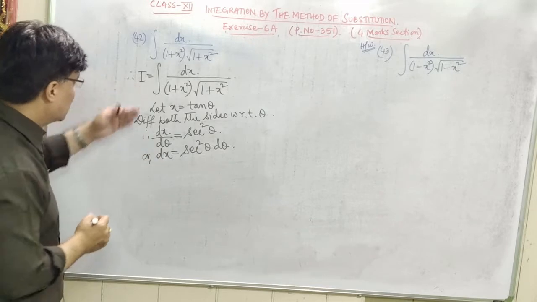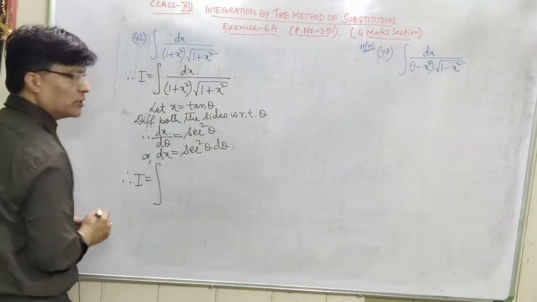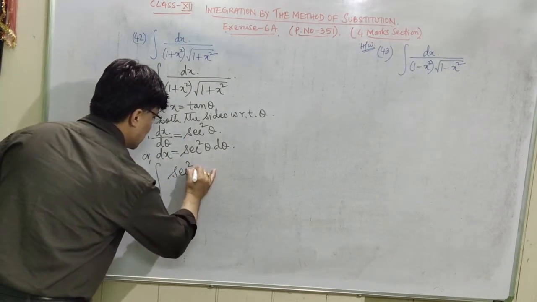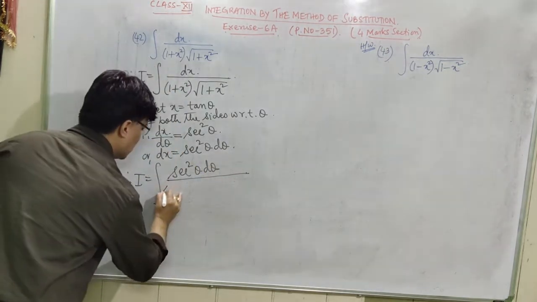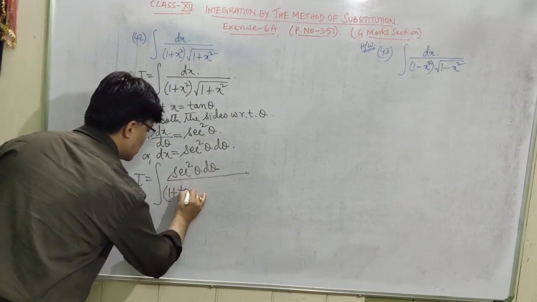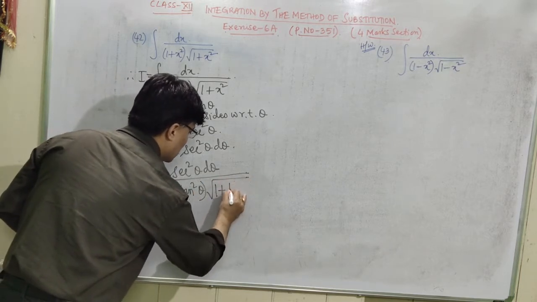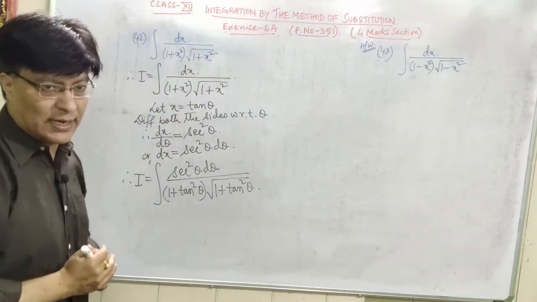So let us put it in I. Therefore I is equal to integration of, what is dx in this case? It is sec square theta d theta divided by, in the denominator it is 1 plus tan square theta within square root. This is also 1 plus tan square theta.